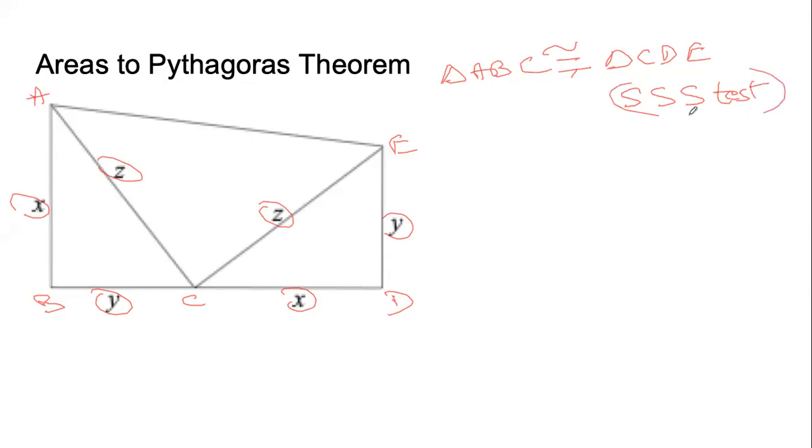We are taking two congruent triangles and we are placing them such that you see this line, this baseline, it's a straight line. This is 180 degrees.